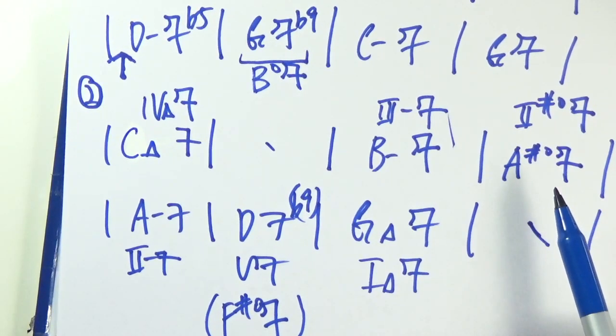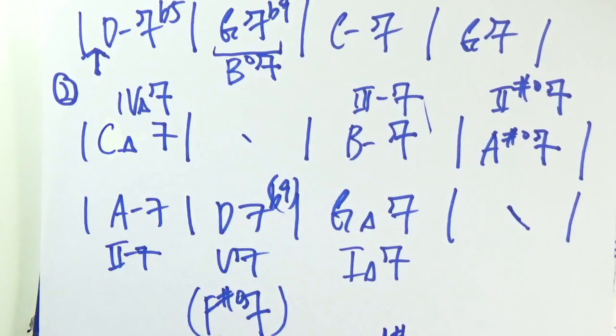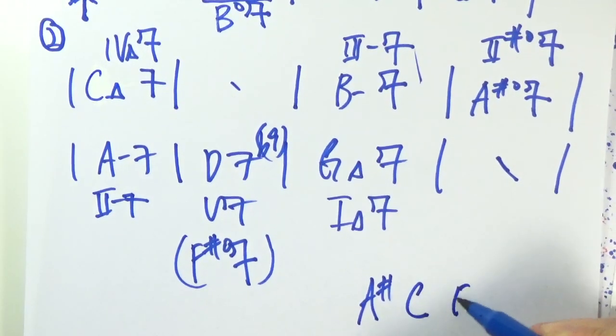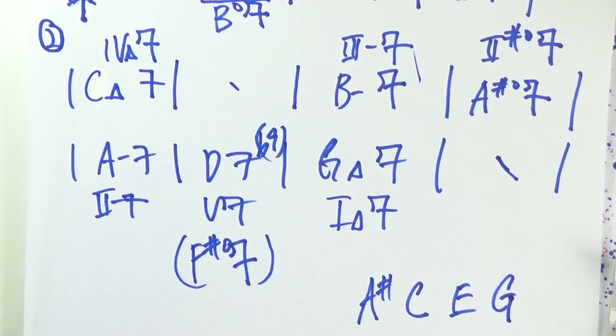To verify, I want to write down the chord tones of A sharp diminished 7. So A sharp, C, E, flat 3, flat 5, and then G should be our double flat 7. Okay, cool.